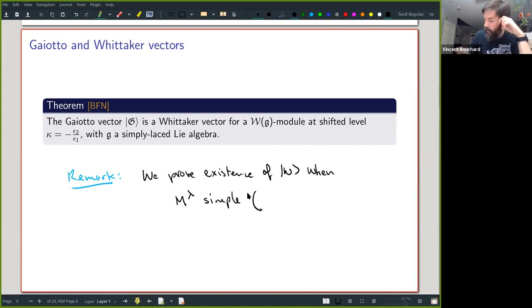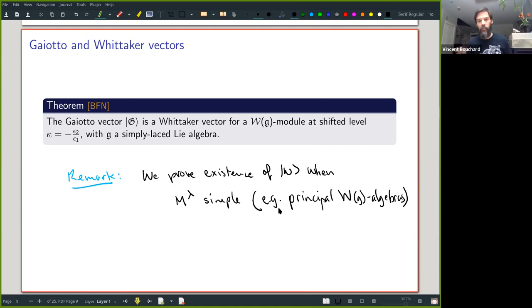So I'm not going to define what this means, but basically an example of this is all principal W algebras, which is exactly the W algebras we're looking at. So we prove the existence of the Whittaker vectors just from the vertex algebras themselves. But I don't want to talk about this in this talk because I want to focus on the relation with area structures.